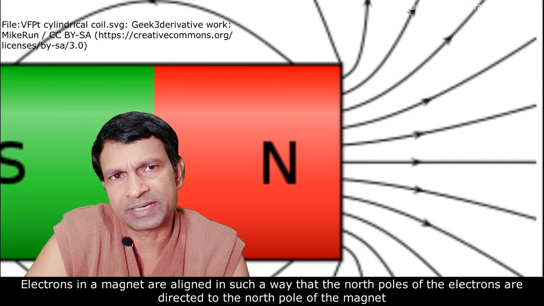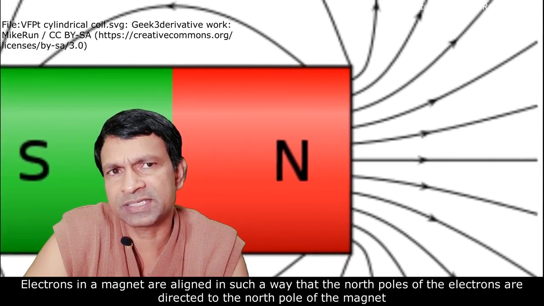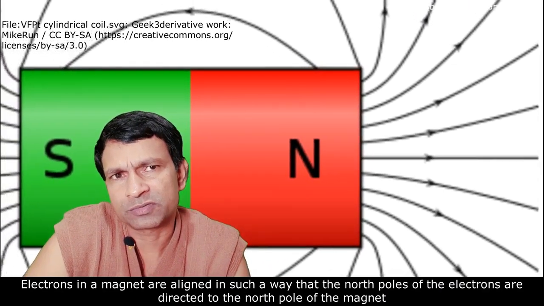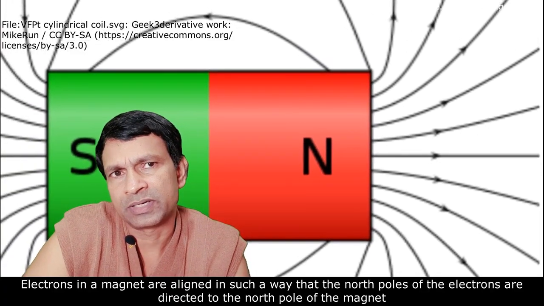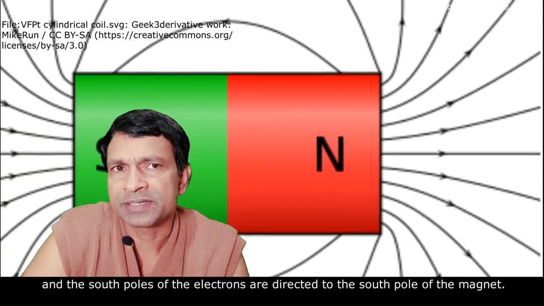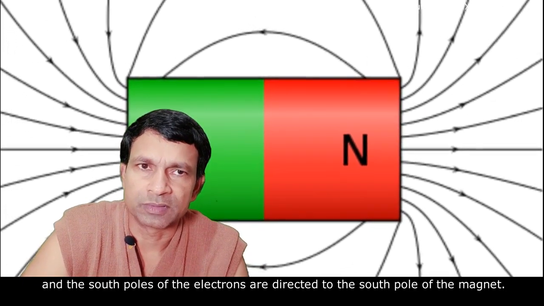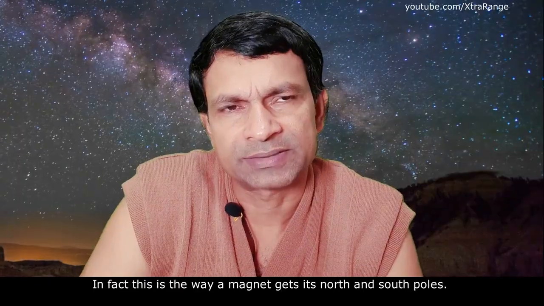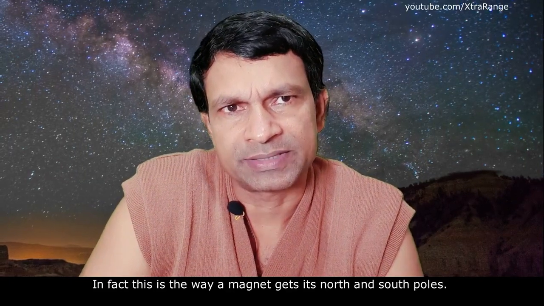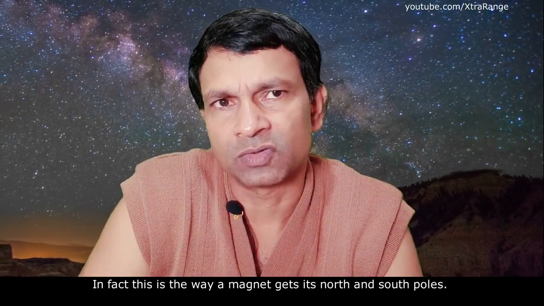Electrons in a magnet are aligned in such a way that the north poles of the electrons are directed to the north pole of the magnet, and south poles of the electrons are directed to the south pole of the magnet. In fact, this is the way a magnet gets its north and south poles.